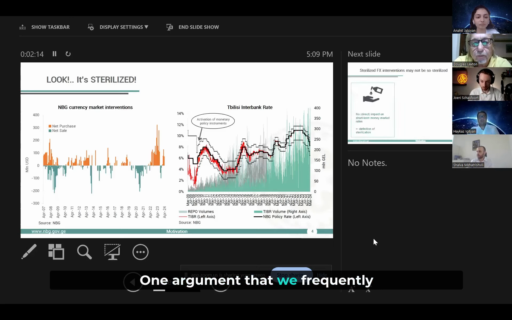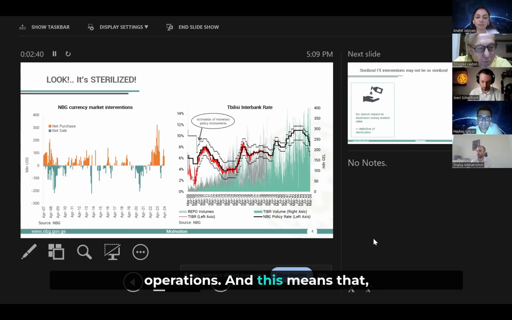One argument that we frequently use is that these FX interventions, even when we buy or when we sell FX, are always sterilized, meaning that whatever is needed to make sure that these FX interventions do not have any impact on domestic currency short-term money market interest rates, we do the corresponding operations.